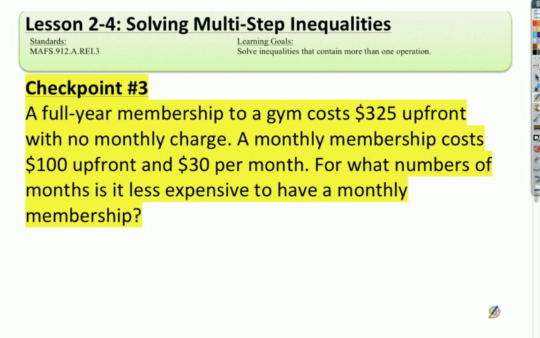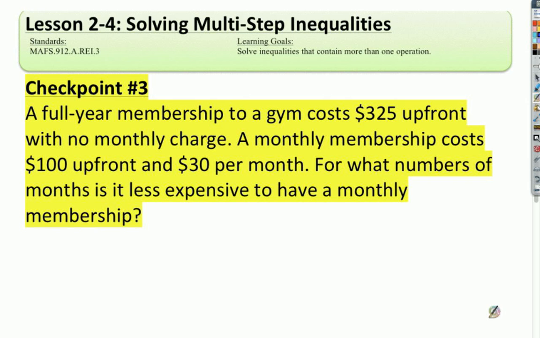We got greater than 7.5. Okay. Marlon, what did your team figure out? We got M is greater than 7.5, but since you can't pay half yet, 8. Okay. Good thought. And Kiara, what did you guys come up with? M is greater than 7.5.